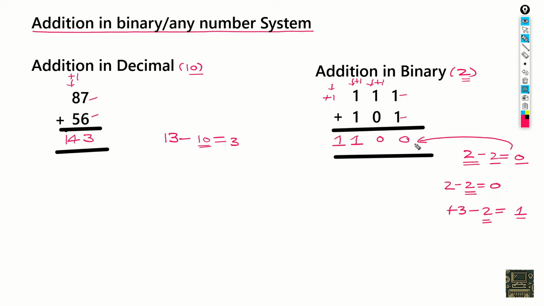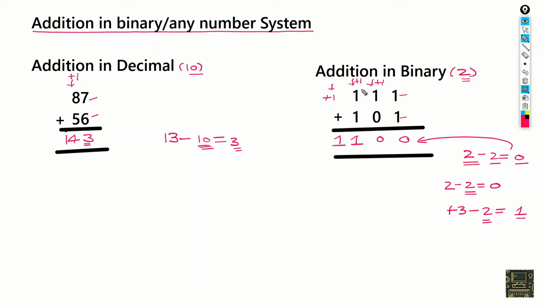So the answer is 1100. In order to add two numbers in any number system, the rule is that if the sum of the number is greater than or equal to the base of the number, then we will subtract the base of that number and the value remaining will be written here, and at the next stage we will generate a carry, and the carry will always be plus 1.